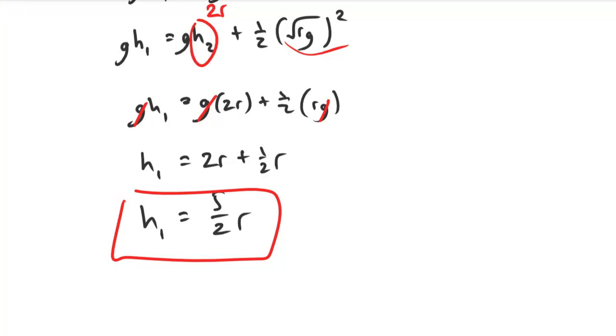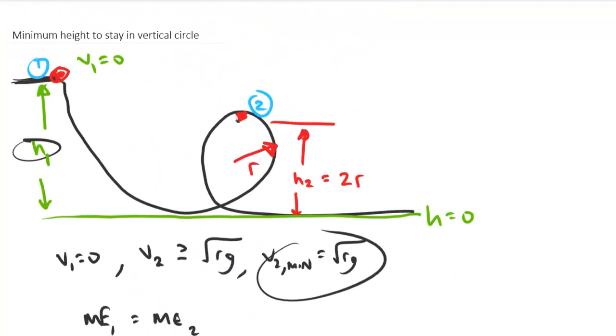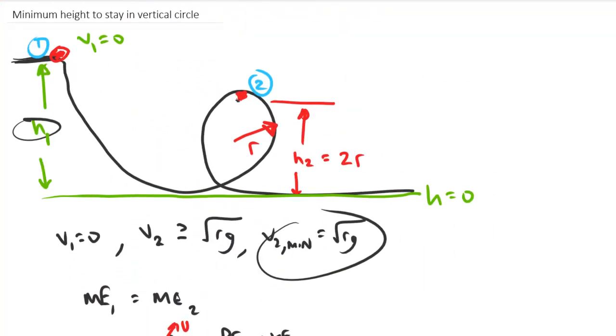So in order to make it through the loop, it's 2.5 times the radius. This assumes no friction. Assuming there's no friction, this height here has to be 2.5 times this radius. I get 2 radii just to get to the same height, and the other half of it is what I need to convert from potential energy to kinetic energy.